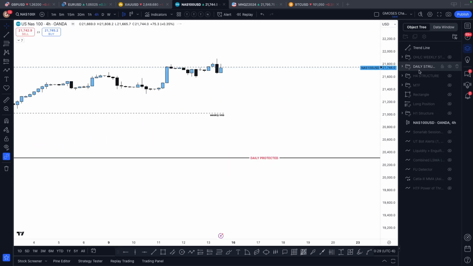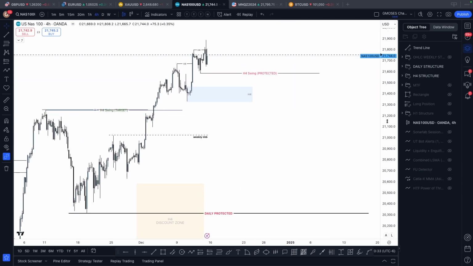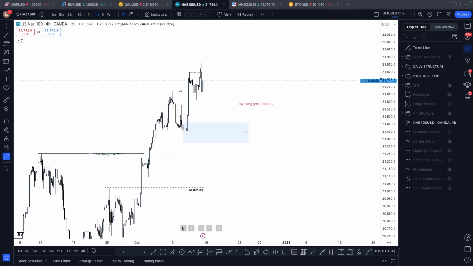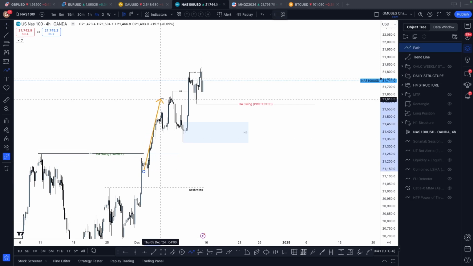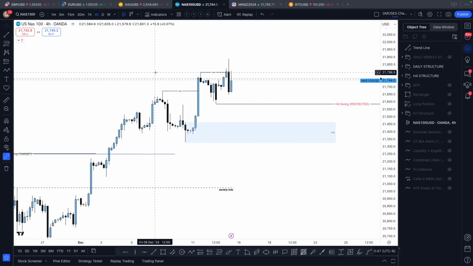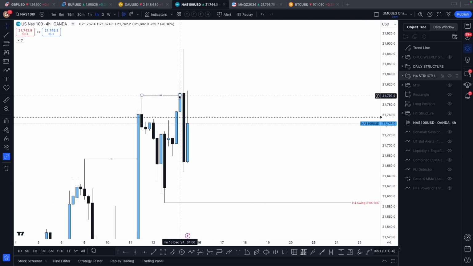If we go over to our 4-hour structure, take that off, that was previous. Our 4-hour is really, really small. Higher high, higher low, higher high, higher low. And then we got this up in this area here. Okay, we do got a body closure above this area, which is valid for a higher high.